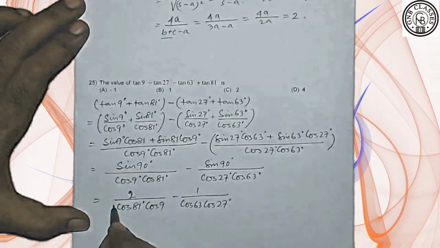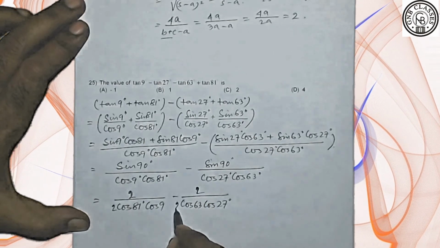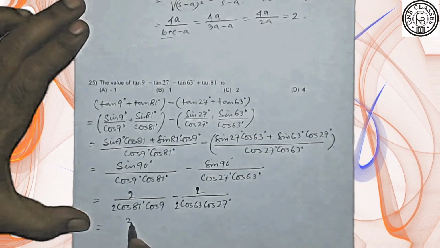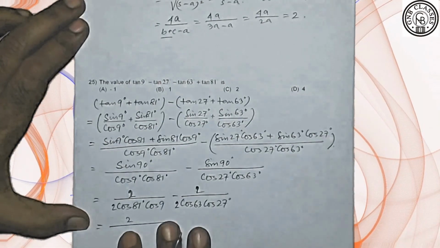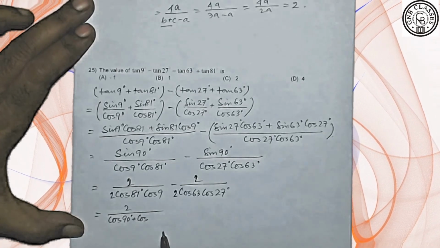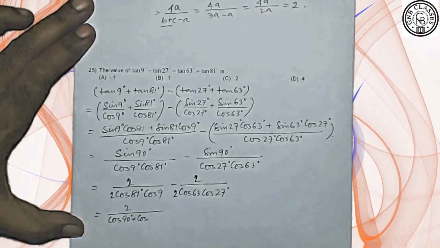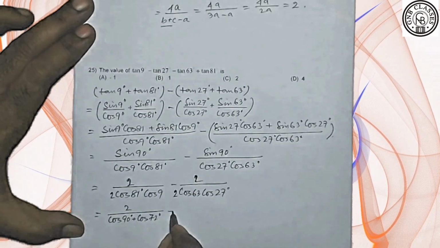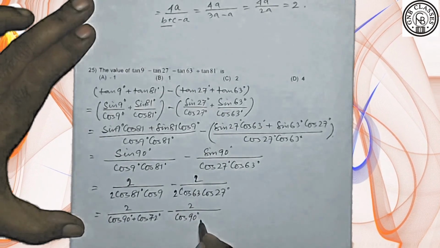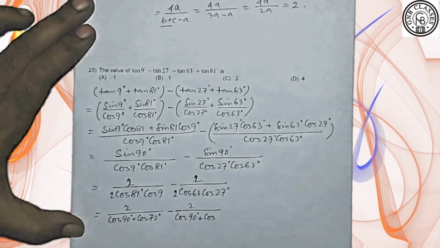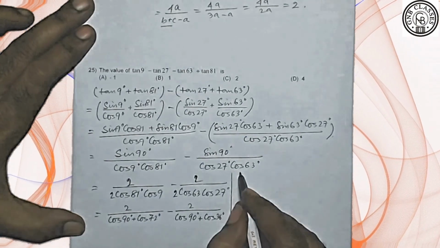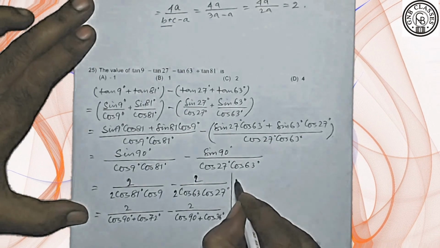Let me just multiply 2 in numerator and denominator so that we can apply the formula of 2 cos A cos B. So 2 cos A cos B is cos A plus B plus cos A minus B. 2 cos A cos B again, cos A plus B, cos A minus B. So we are left with, let me write it here, 2 if I take common.